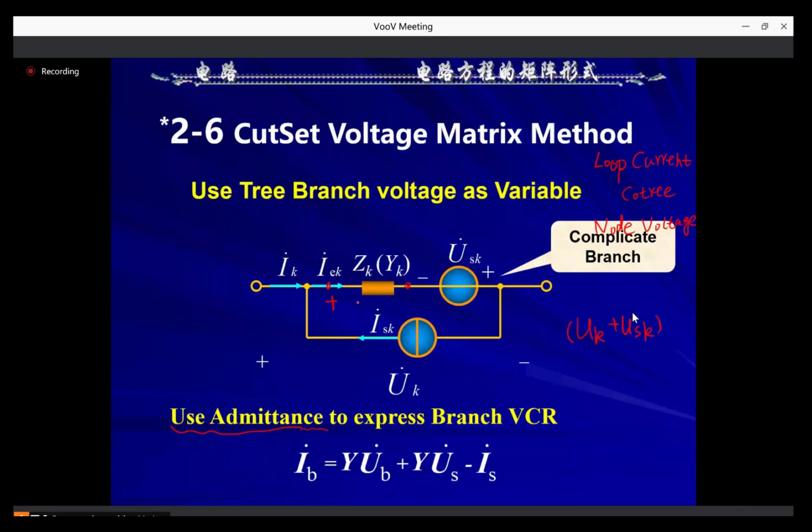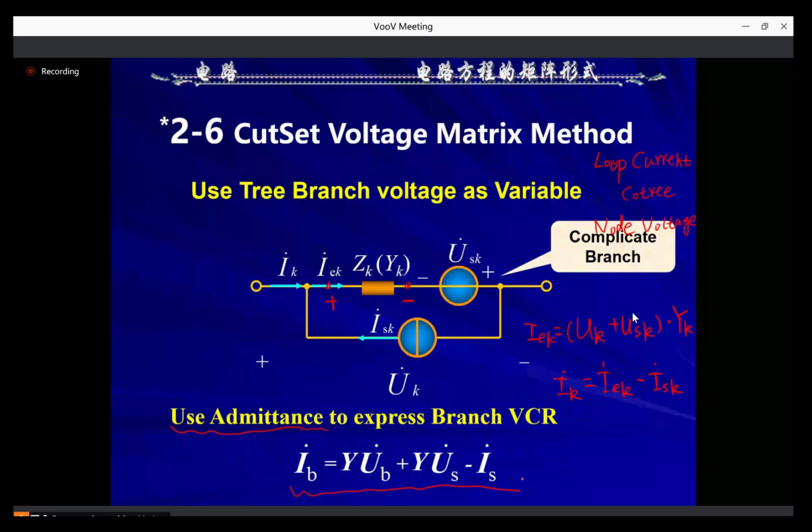This USK plus this total UK will be the voltage, so it multiplies the YK, and this will be IEK. The total IK will equal IEK minus ISK.